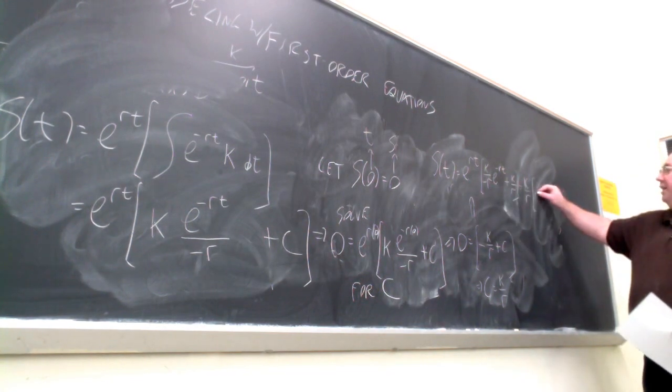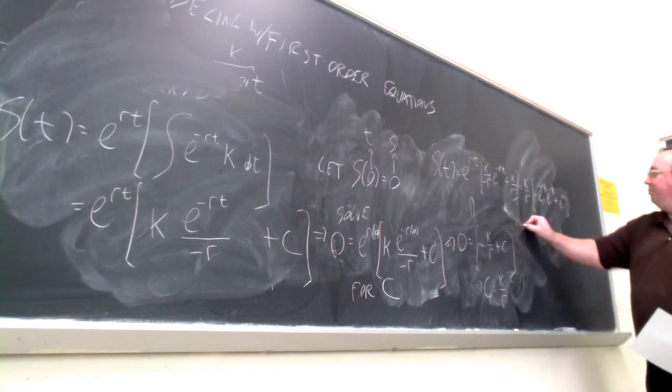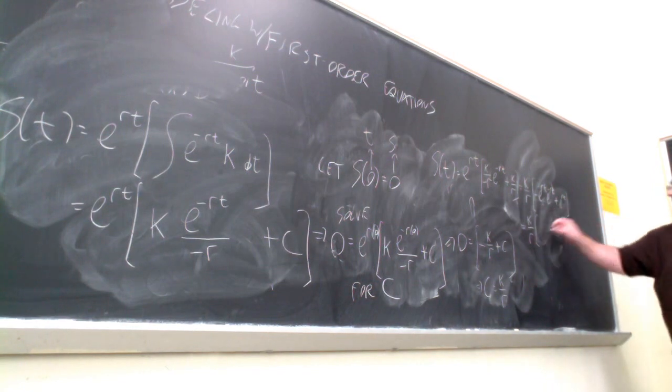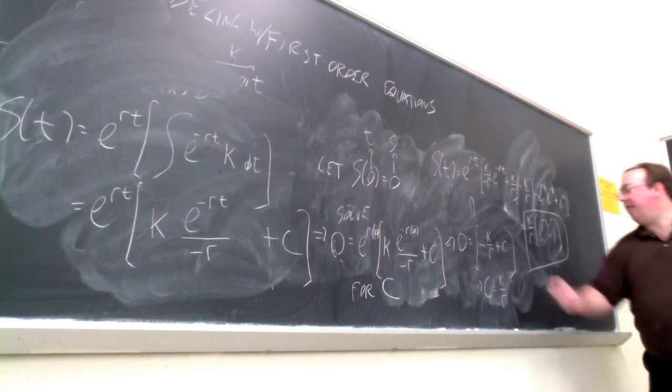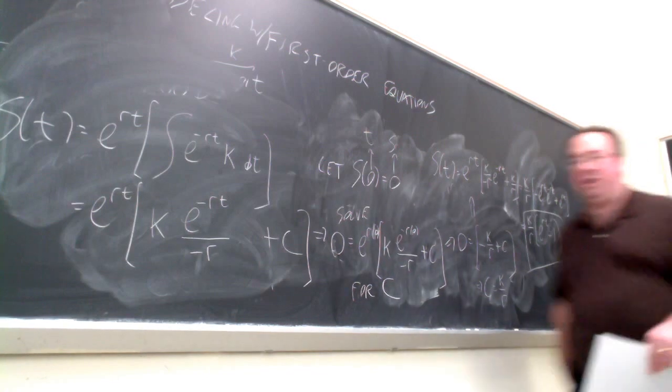So I'm going to have minus e to the rt times e to the minus rt, plus e to the rt. Simplify, and this becomes 1, so we have k over r times e to the rt minus 1. So that is the general solution for a case where you have no money down investment, and we're paying K per year. We'll revisit this on Friday and talk about how to solve for different parameters.